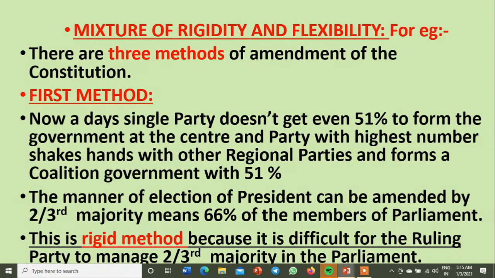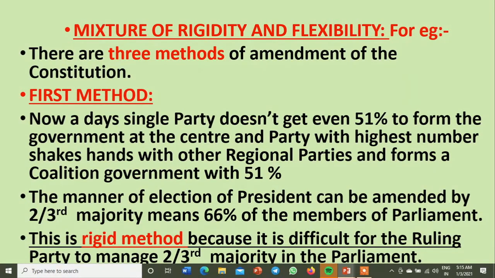What happens? Suppose voting is done, and the party with the highest number of seats is just getting 45%. It is near to 51 but not 51. Then what is done? The President will call the leader of the 45% party because that is the highest party. That leader is given some days to prove the majority. And he will shake hands with some regional parties.